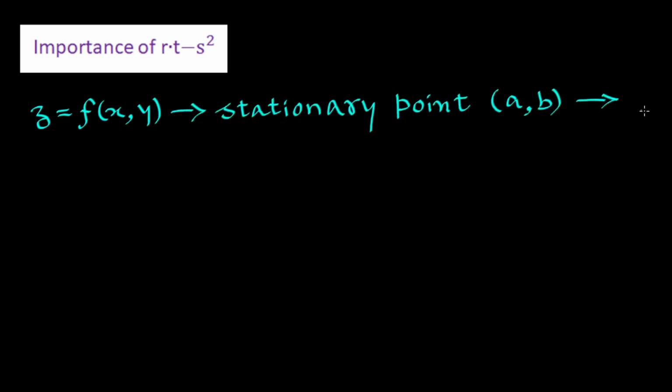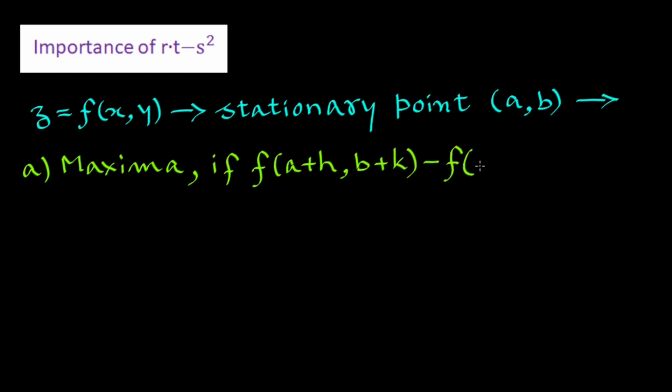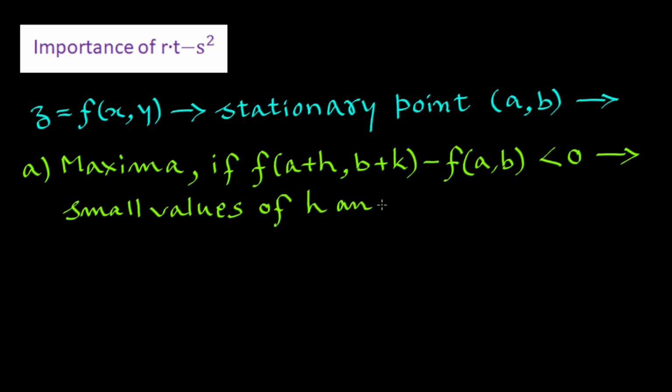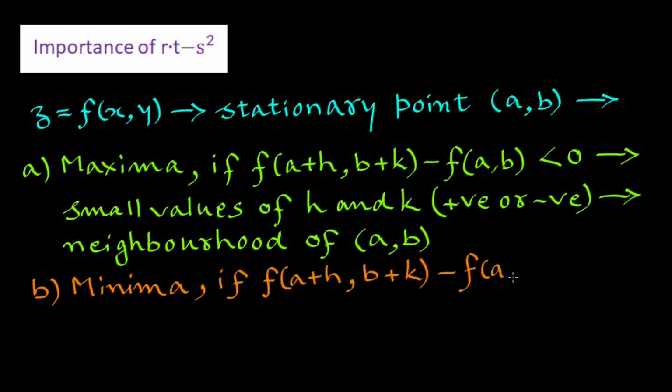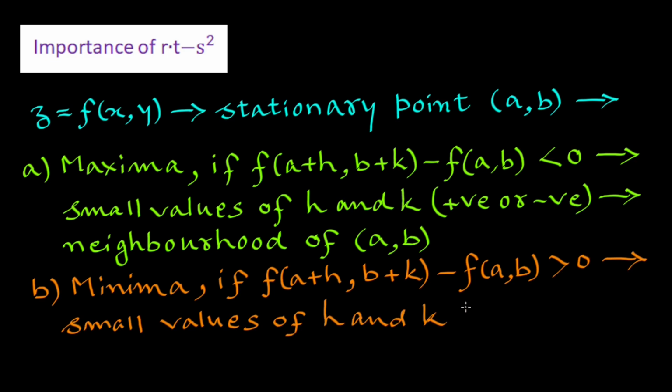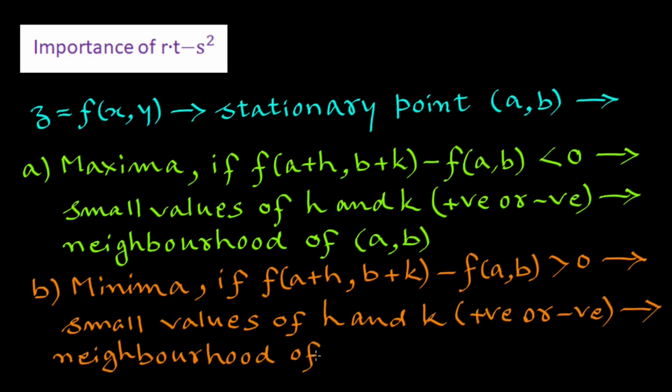We have seen that a function z equals f(x,y) with stationary point (a,b) has maxima if f(a+h,b+k) minus f(a,b) is negative for small values of h and k, positive or negative, in the neighborhood of, that is very close to, point (a,b), and minima if f(a+h,b+k) minus f(a,b) is positive for small values of h and k, positive or negative, in the neighborhood of, that is closest to the stationary point (a,b).